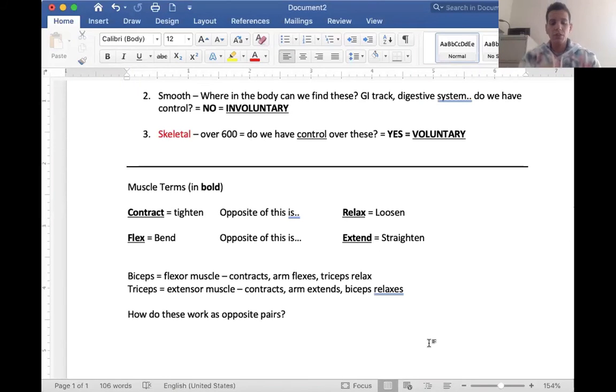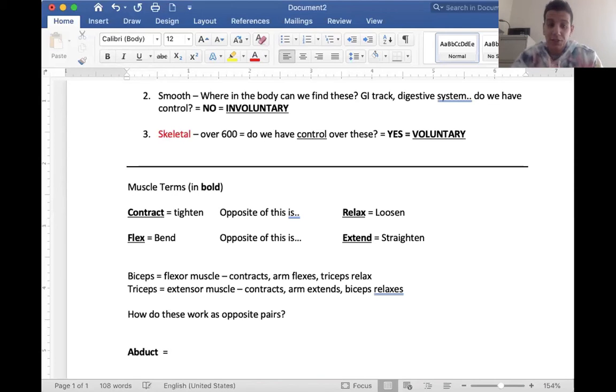The last two words, and you probably have heard of this word before. Where have you ever heard the word abduct before? Doctor.